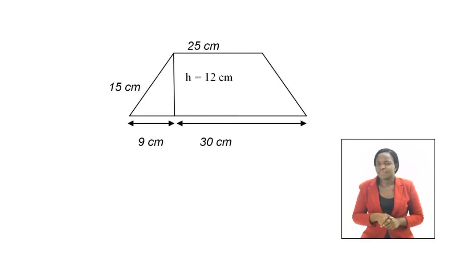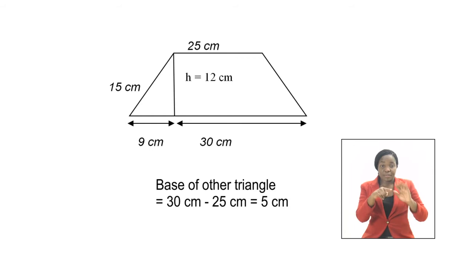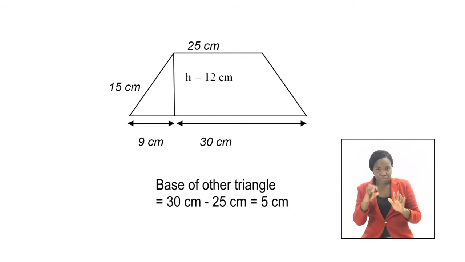Oh, Sally, look. The shape in the middle is a rectangle, so we know how the 30 centimeters is split up. The opposite sides of the rectangle are equal. The top line is 25 centimeters. Of course, well done, Ben. So, we subtract 25 from 30, which makes the base of the other triangle 5 centimeters.